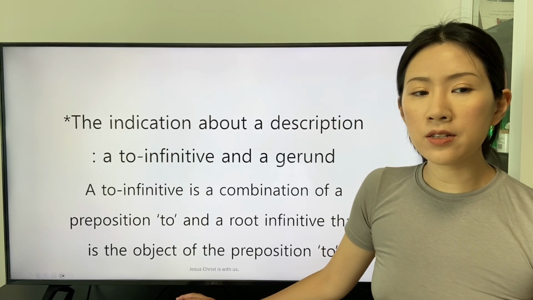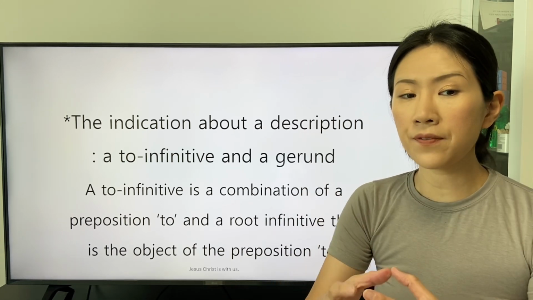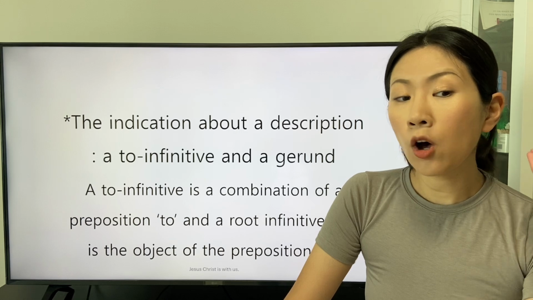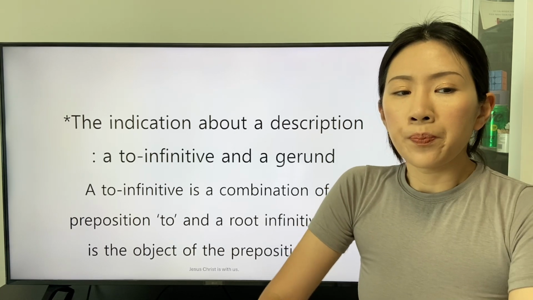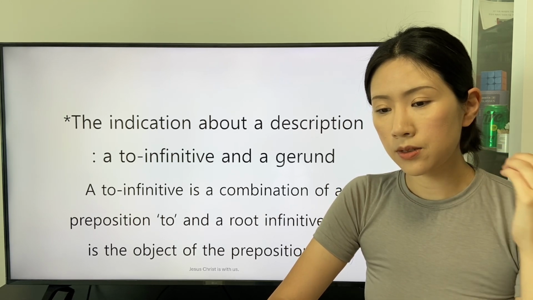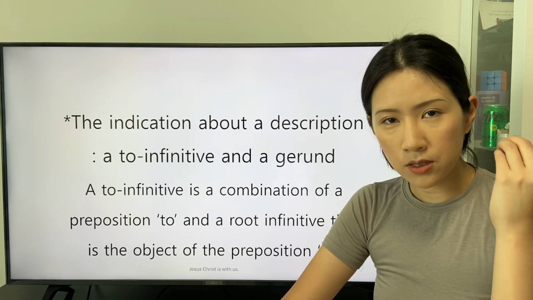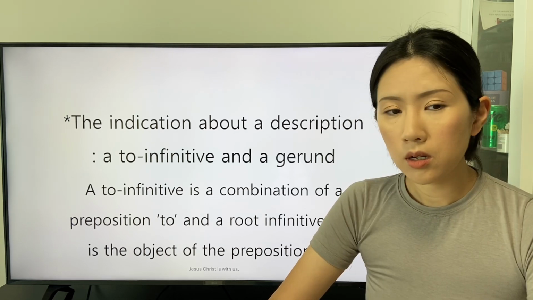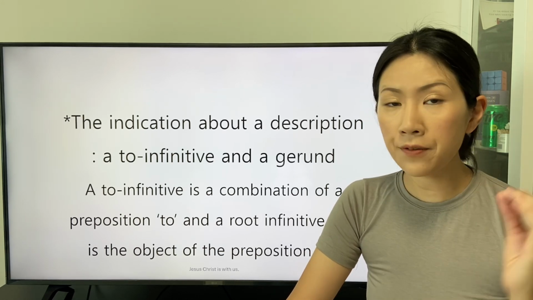A to-infinitive is a combination of a preposition to and a root infinitive, that is the object of the preposition to. An infinitive that has the same form as a verb is termed a root infinitive.